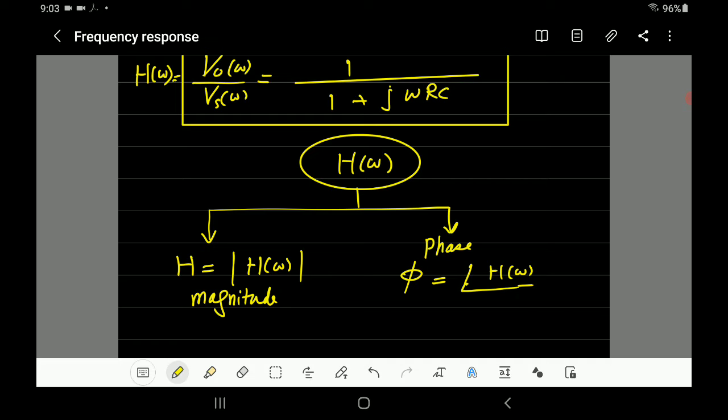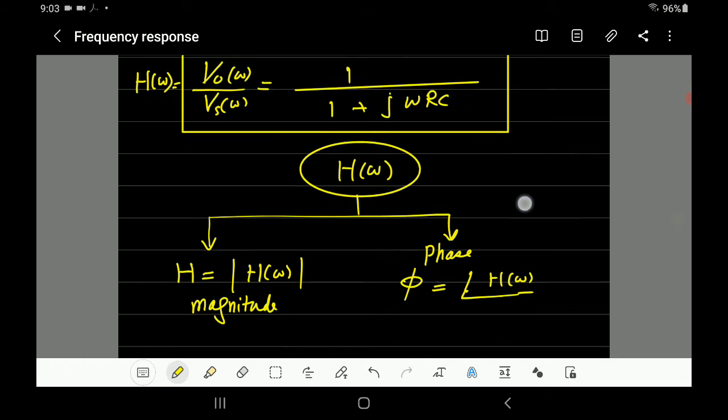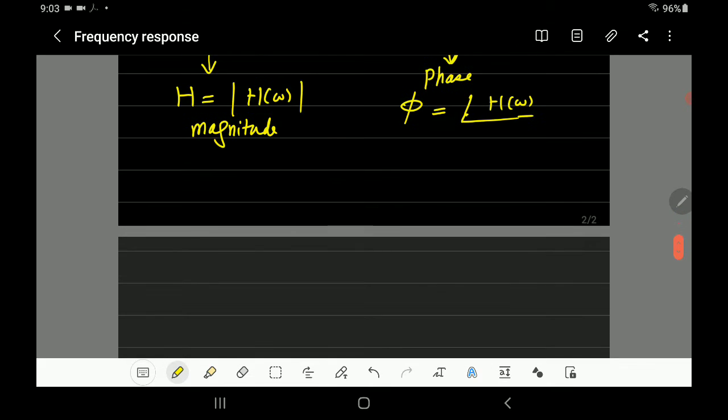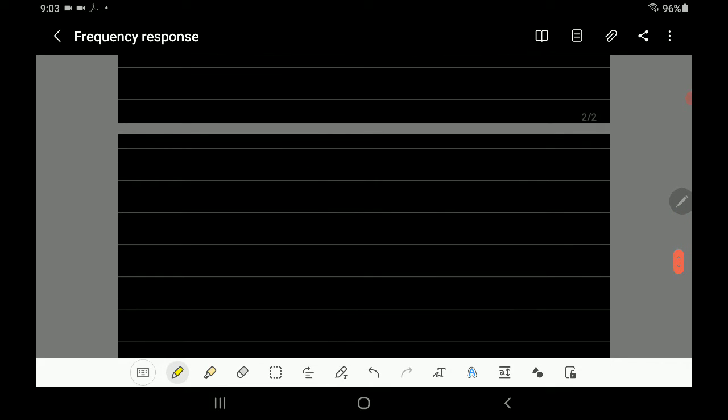All right, let's first check the magnitude, and we're going to use the transfer function here. I will write it again. I will say that H was given as 1 over 1 plus J omega RC. And let's take some assumption here.